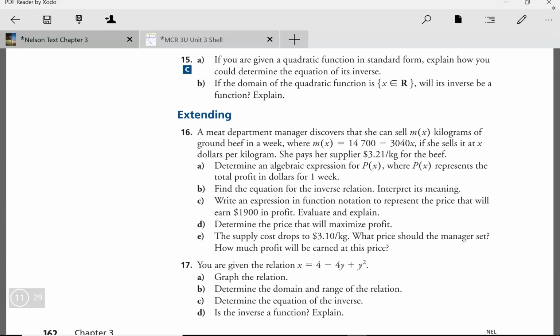Graph 17, I think, was a question. So let's look at this. 4 minus 4y plus y squared. I'm so confused.